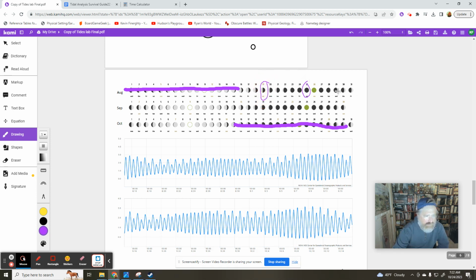I'll circle all of them. Let's make life easier. That one. Can't really tell where it looks the most full. Maybe that one. There you go: 1, 2, 3, 4, 5, 6, 7, 8. You're going to plot 8 moons down here. All you've got to do is draw exactly what's there on that date. August 19.